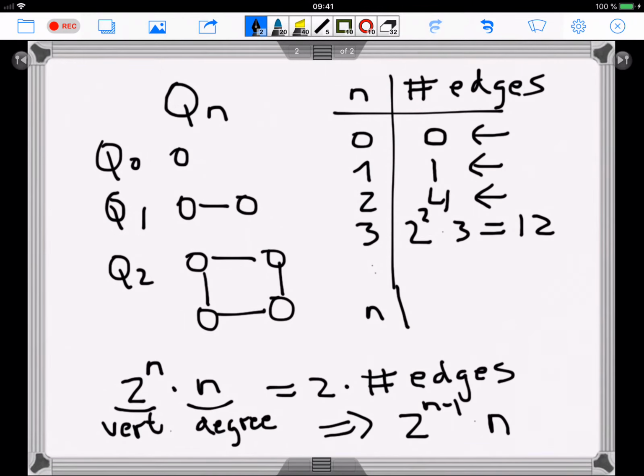And if you take into account the case of the hypercube of dimension 3, you see clearly that the number of edges is indeed 12.